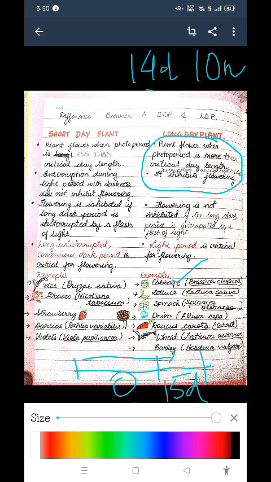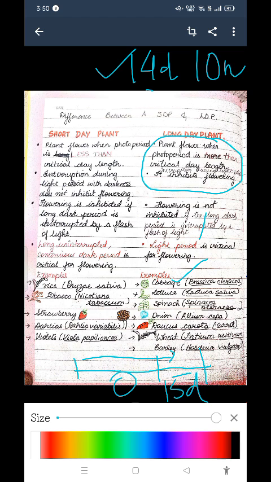So even when I give it more than the approximate amount of daylight which it requires, it will still flower, which means this plant enjoys the sunlight. That means it is a long day plant.